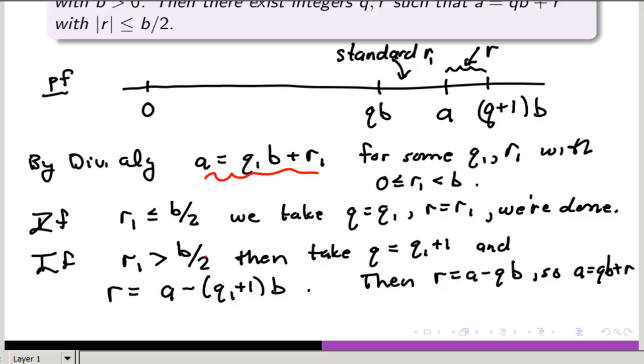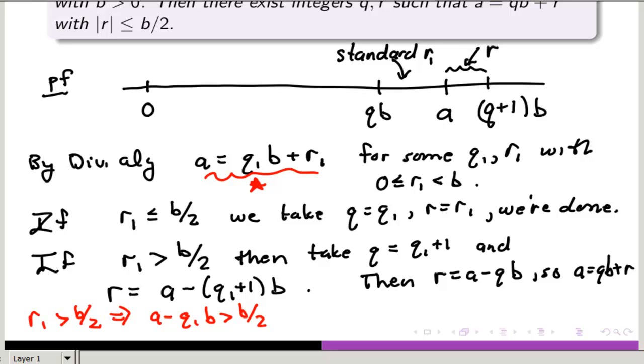R1 is bigger than B over 2. So by the definition of R1, that means that A minus Q1 B is strictly bigger than B over 2.